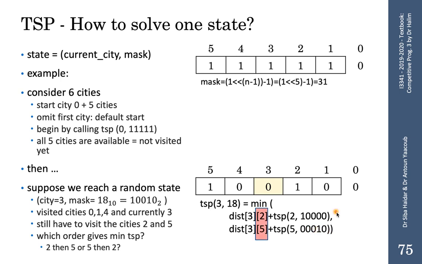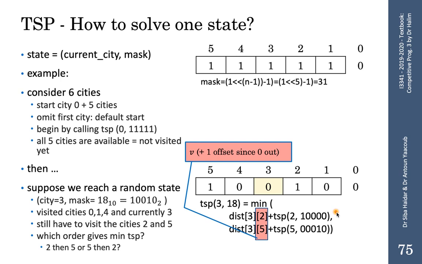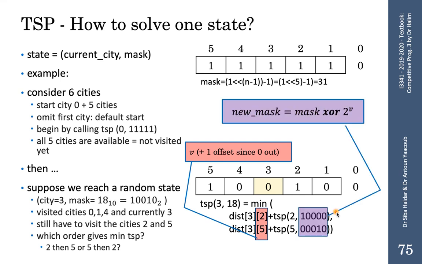Okay, so the question here, how do I get 2 and 5, and how do I calculate the mask? 2 and 5 we will call V plus 1, in fact, because we removed the index 0 from the bit mask, so we will calculate V then add 1. And the new mask will be nothing else but the old mask XOR with 2 to the power V. In the case of 2, V will be equal to 1.